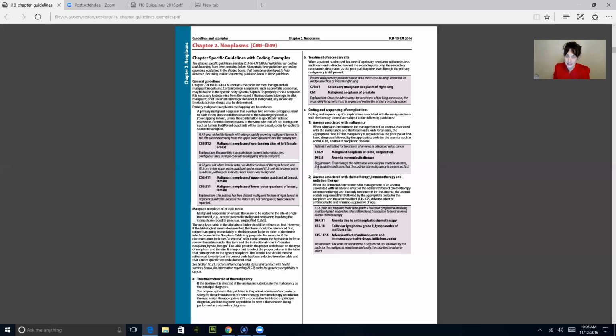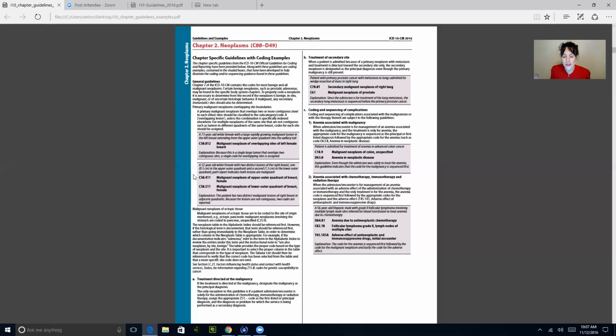And in our second example, we have a 52-year-old white female with two distinct lesions of the right breast. One is 0.5 centimeters in the upper outer quadrant, and the second 1.5 centimeters in the lower outer quadrant. Path reports indicate that both lesions are malignant. So that means that both of those lesions are cancerous.